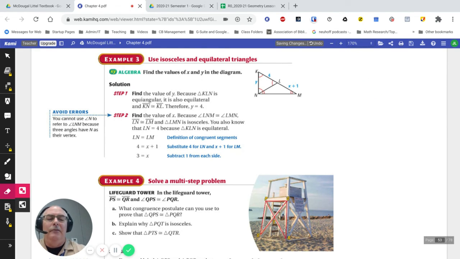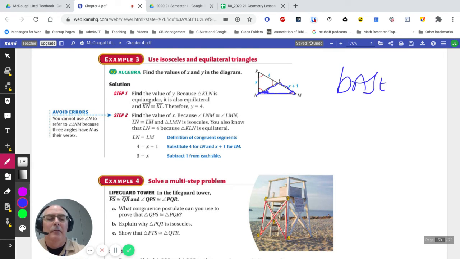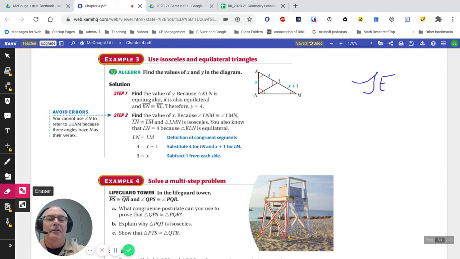Now what I have to do is solve for x. The way I'm going to do that is by knowing that now this triangle has two angles that are equal. Well, to me, those look like base angles. And if base angles are equal, I know my triangle is going to be an isosceles triangle.